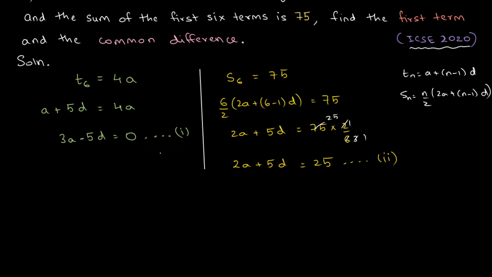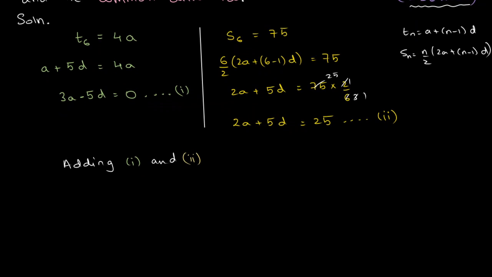So I have got my two linear equations in A and D, and I can solve them simultaneously by adding equation number 1 and equation number 2. Let's add the two equations and get our values, right? The first equation we know is 3a minus 5d is equal to 0.